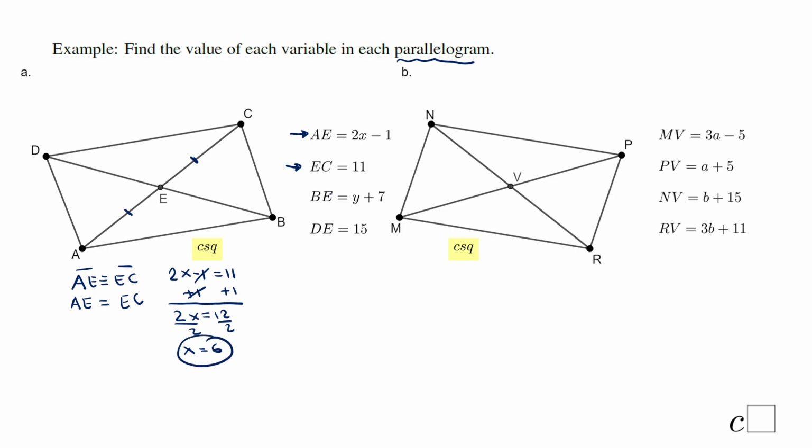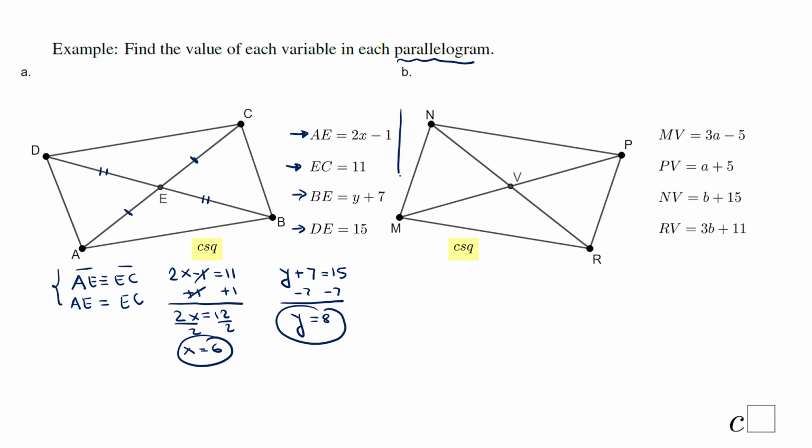And very similar, we're going to look at BE and DE. These two are congruent also, so we can write something very similar. The equation is going to be y plus 7 equals 15. I'm going to subtract 7, and we end up with y equals 8. And this is part A.